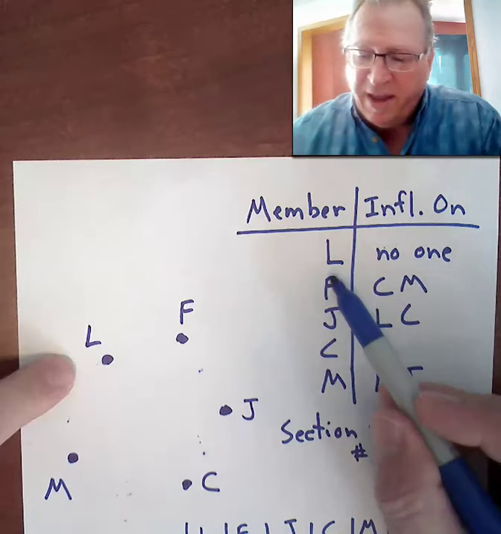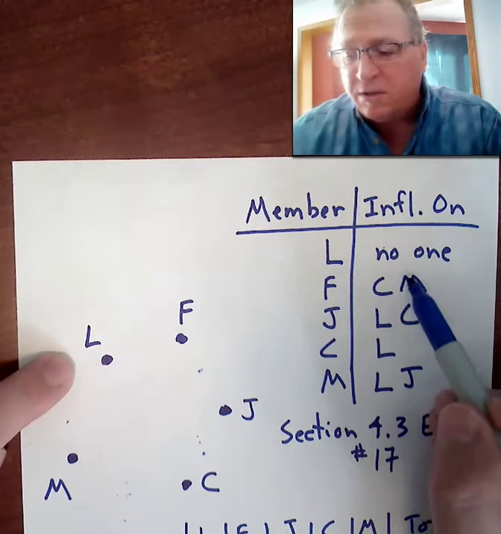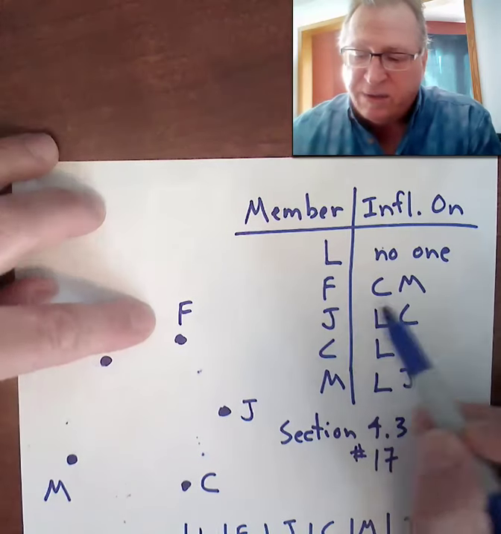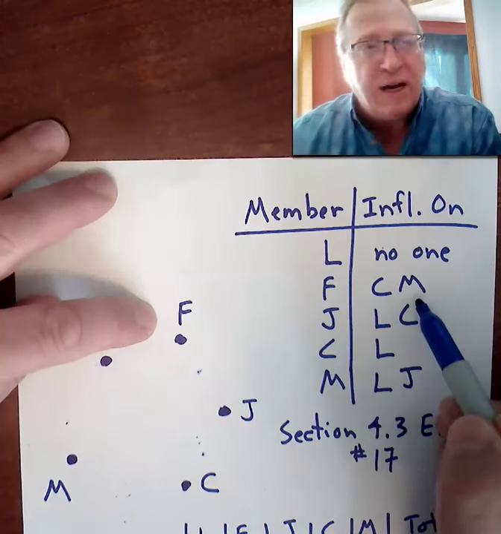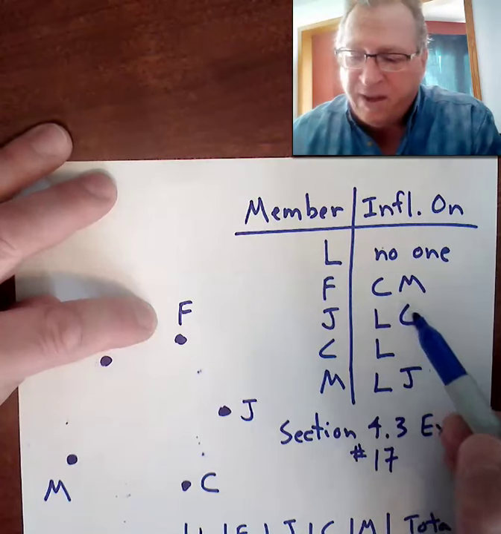Now I'll start with L, and poor member L doesn't have influence on anyone, so he doesn't get any lines. Let's move on to F. F has influence on both C and M. So what I do is draw lines with an arrow indicating influence.